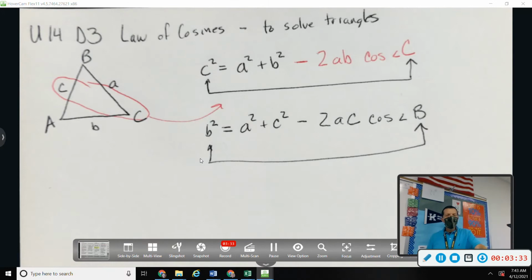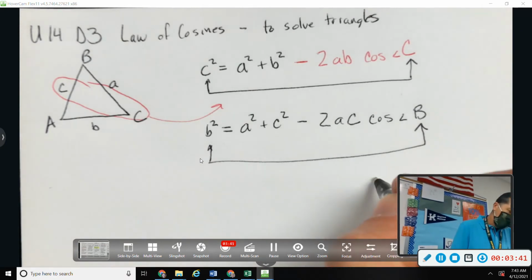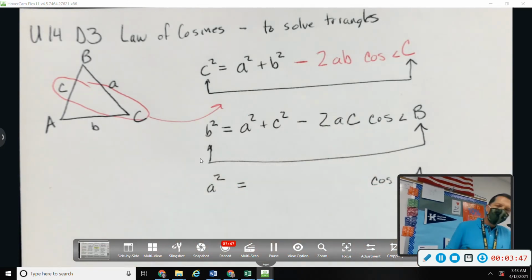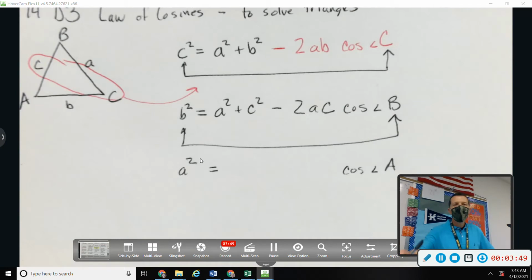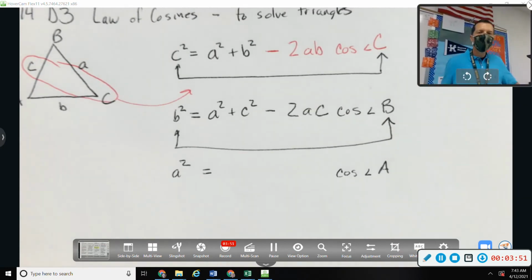So, like, some people are like, oh, that's two separate equations. I'm like, nah, not really. It's just a matter of who's across from each other. And that means we could write one more. Cosine of angle A, well, a squared would be on the other side. Kind of follow the pattern.